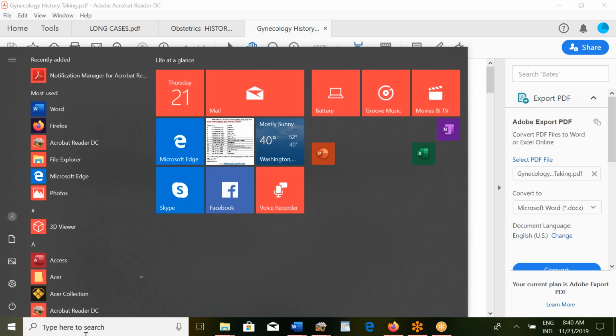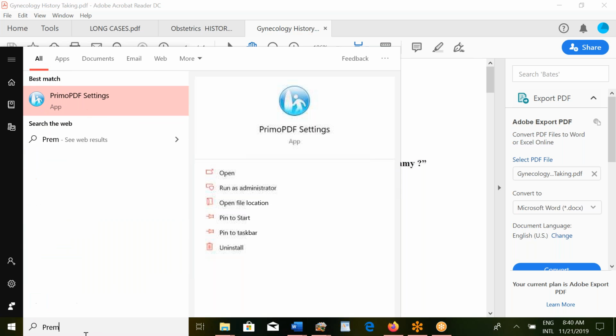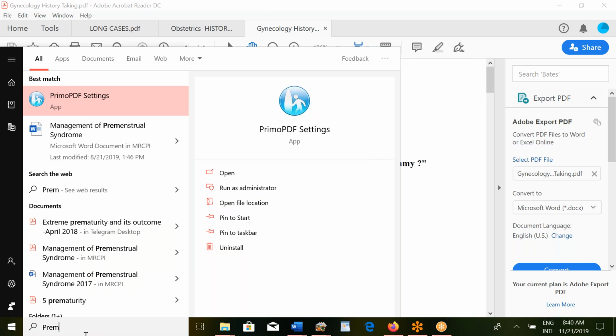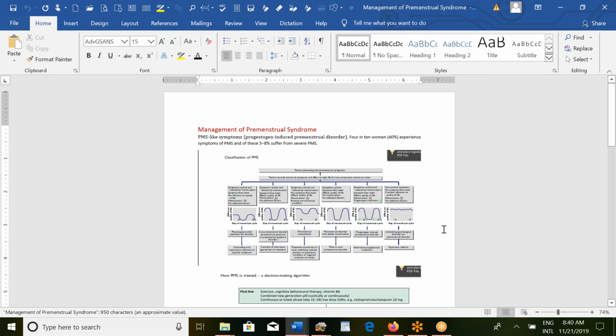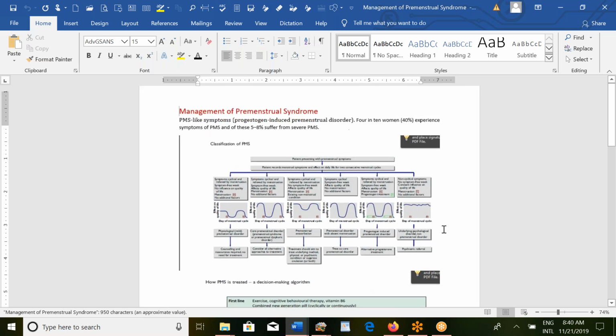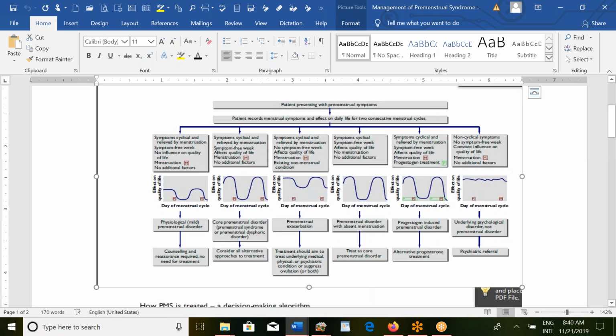The trick in the OSCE is that you should never assume. If they have clearly given you in the diagnosis that your patient has a certain condition, then you will say, okay, I will start from there, because you have to trust them.